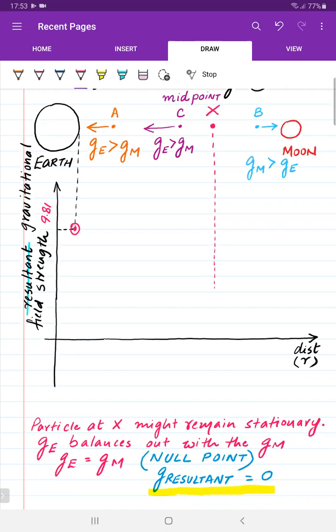So on the basis of that, मैं डायग्राम कंपाइल कर रहा हूं। So the point which I'm marking right now will be the null point. Where the resultant gravitational field strength will be 0.